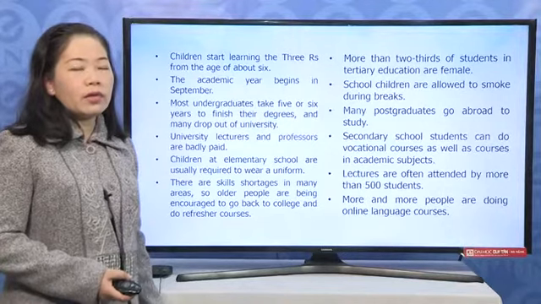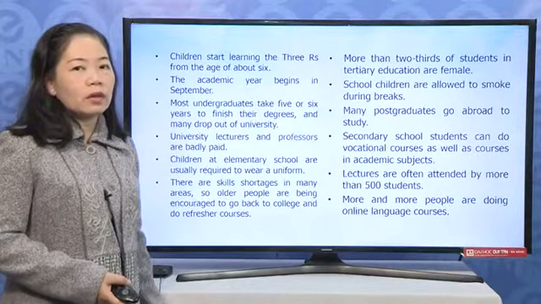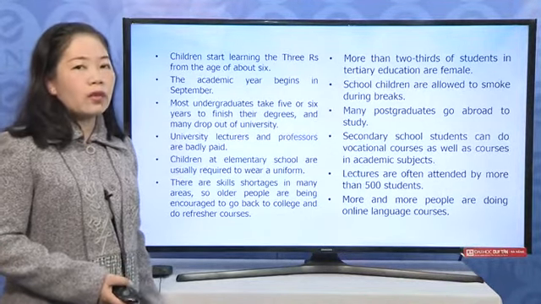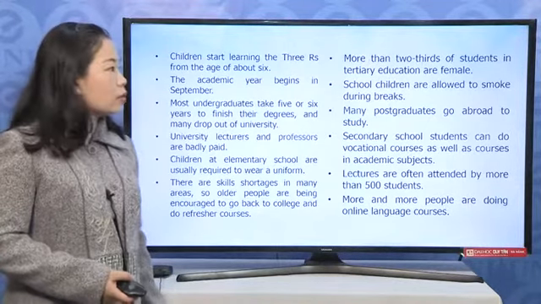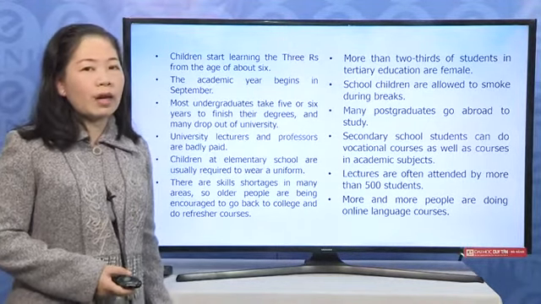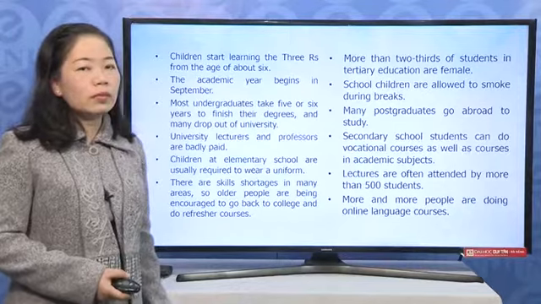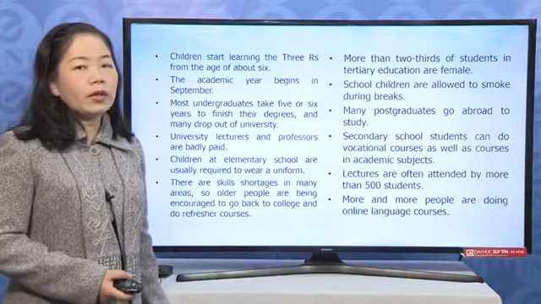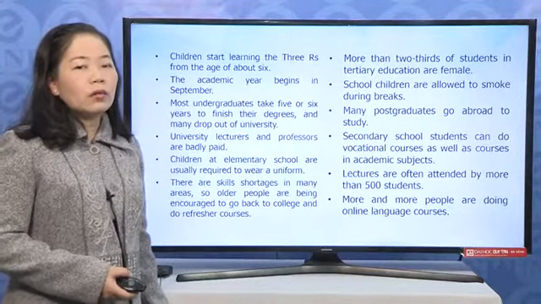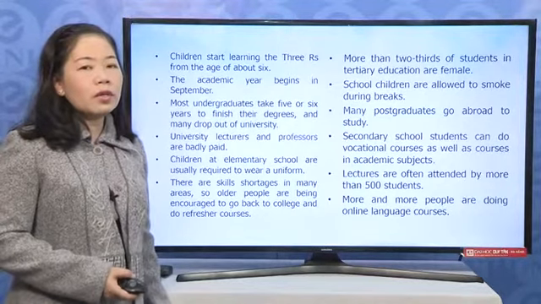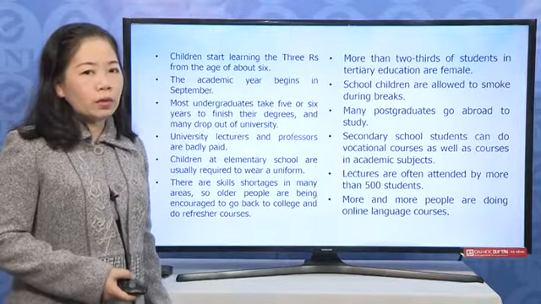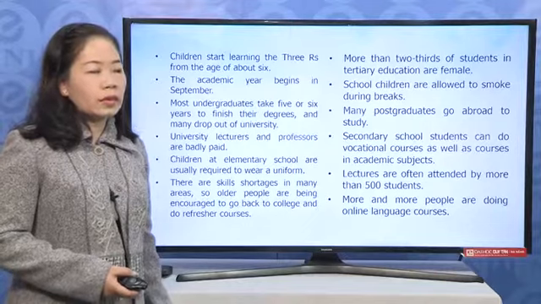You can correct this idea by saying like this: oh, I'm sorry, but I don't think so. I think school children in Vietnam are never allowed to smoke during the break time. If they did so, they would be seriously punished by the school, for example. You can say like that.